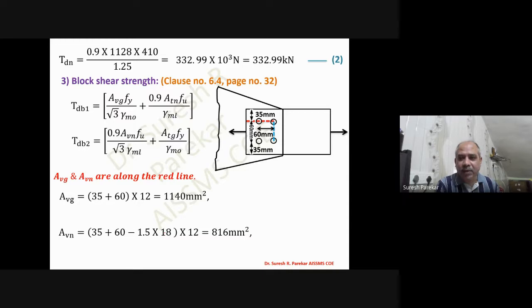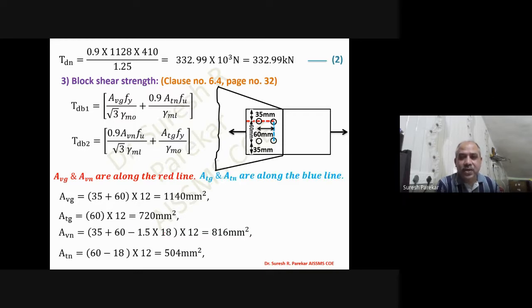And area we are getting Avg and Avn. Similarly we have the blue line along which we will calculate Atg and Atn. So we have this gauge distance, which is 60 again. And then for Atn we are going to subtract one value of hole, half from this and half from this.